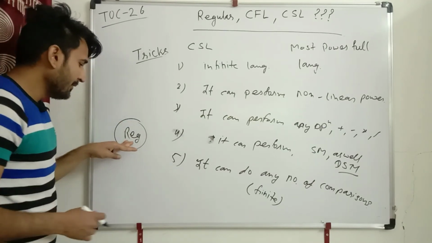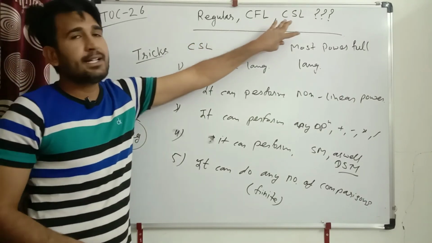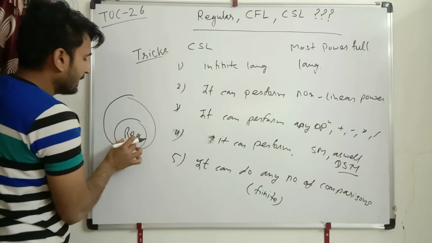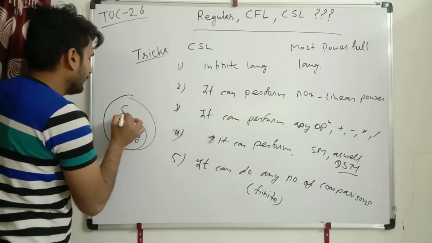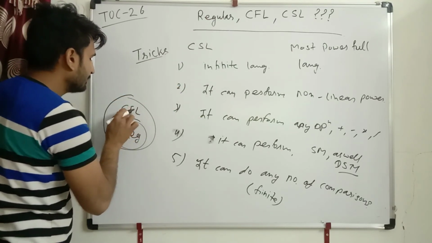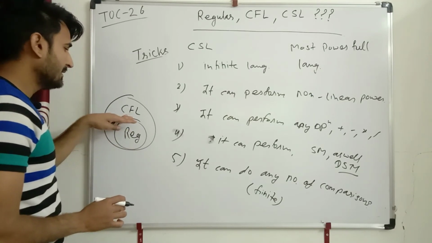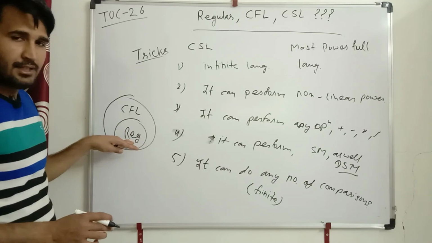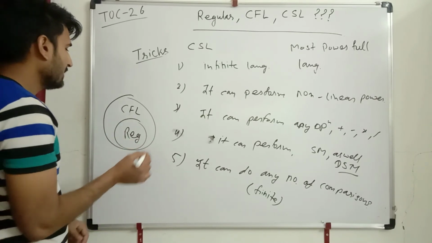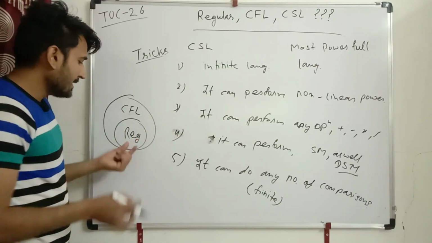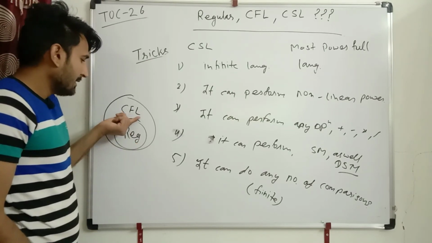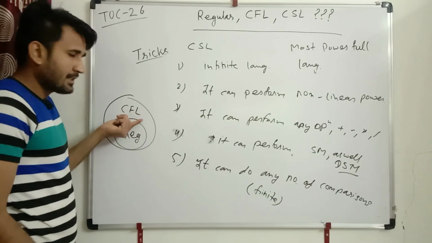All regular languages are CFL and CSL. Okay. All regular languages are CFL, but every CFL can't be a regular language, because regular language has the most restrictions. It has fewer of these restrictions.